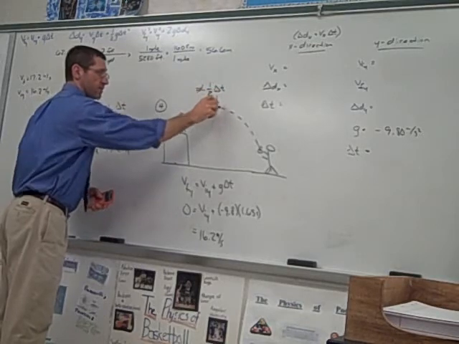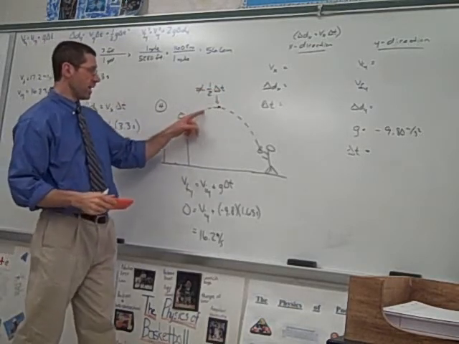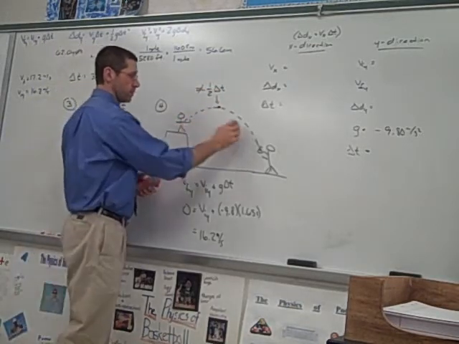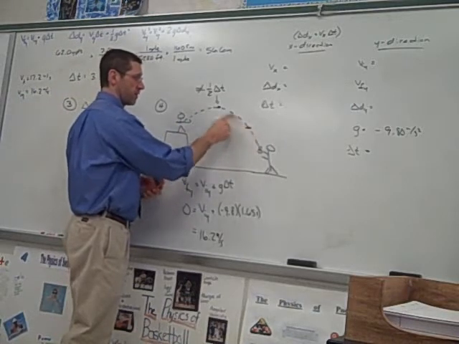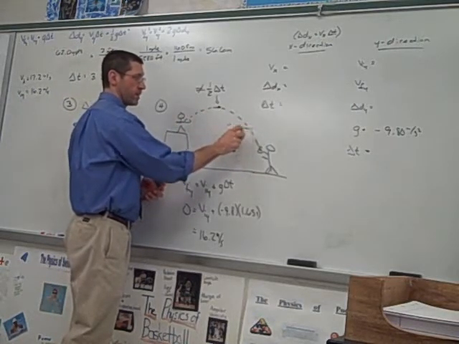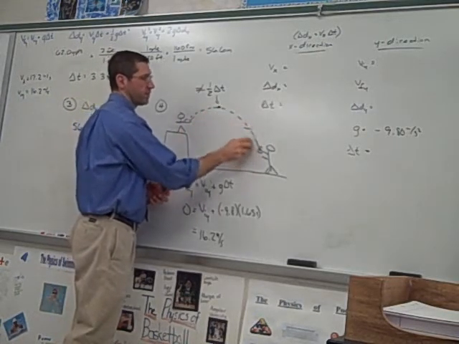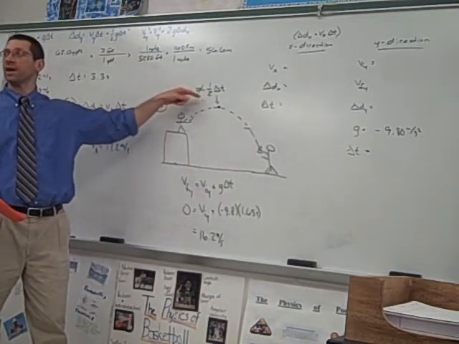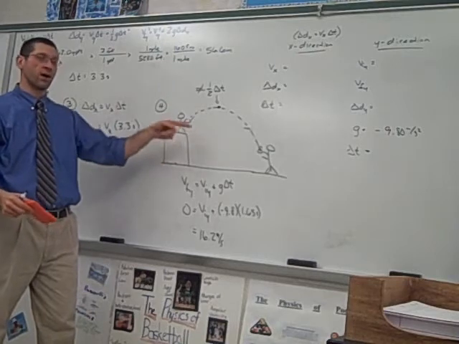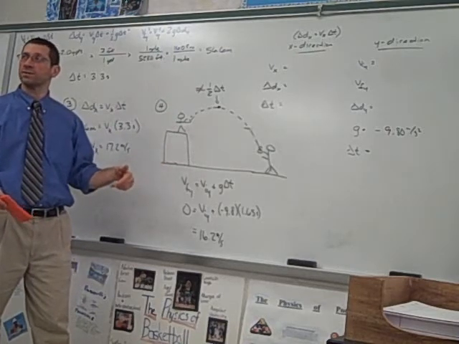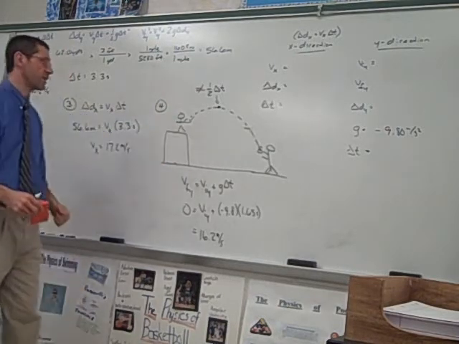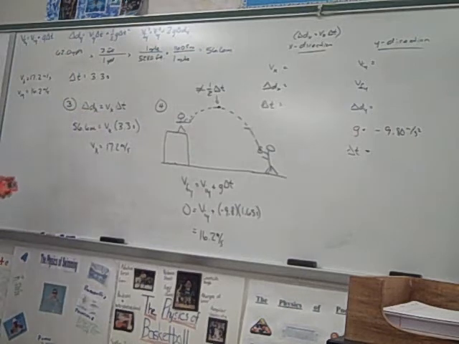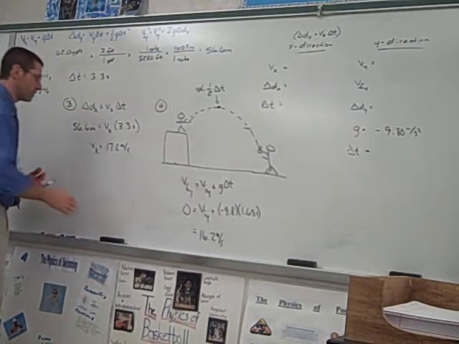This is not half the time, because half the time would be, if we were catching it there, then that would be half, but we're not, so it has to do this, and then it has to fall this extra. So you can't use that Vy is 0 at half the time here, because it's not thrown and caught from the same height. Does that make sense? That only works when they're from the same elevation. So that's why we made that assumption in the problem.